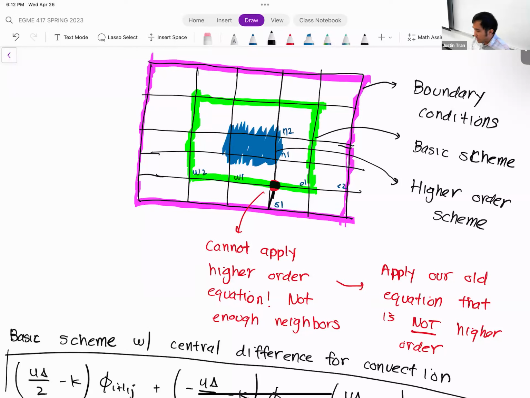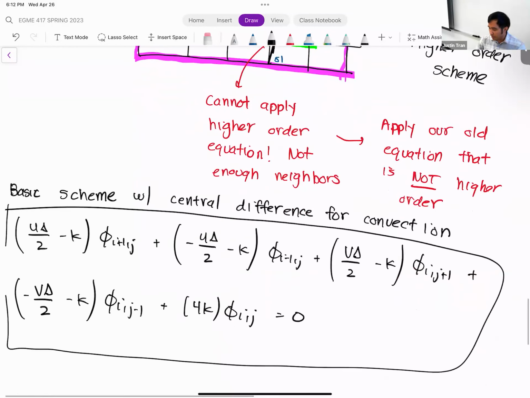So getting this logic down, and pinpointing where you are in the grid, whether you're on the outermost ring, the inner ring, or the deep interior, is the part that tends to be challenging for people. And so following the logic of the MATLAB code is key for this part. That's what you're going to apply in the final project as well. Okay, so let me go ahead and jump to the MATLAB code.